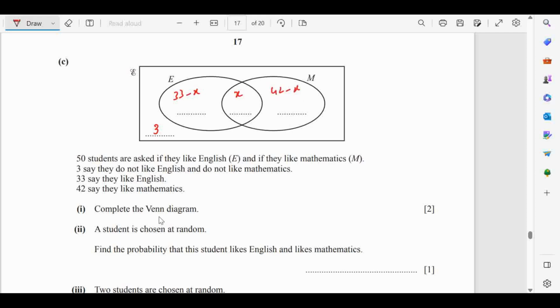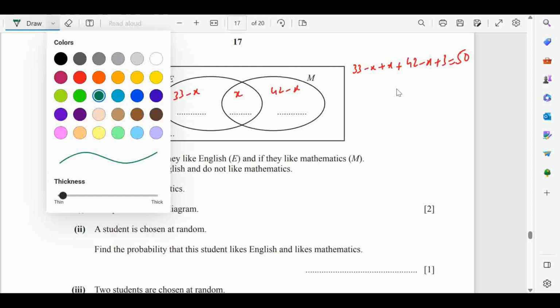Complete the Venn diagram. Complete means that we need to find the value of x. So this will become 33 minus x plus 42 minus x plus 3 is equal to 50, because we have a total of 50 students. If we add all of these, this must be equal to 50.